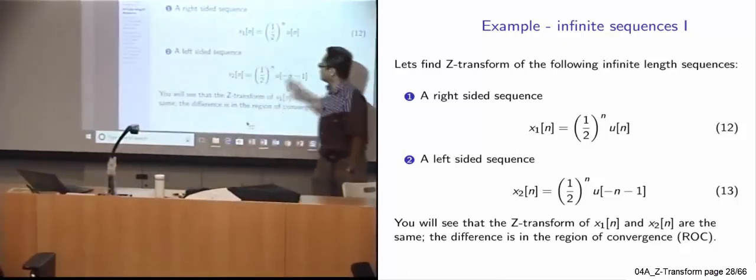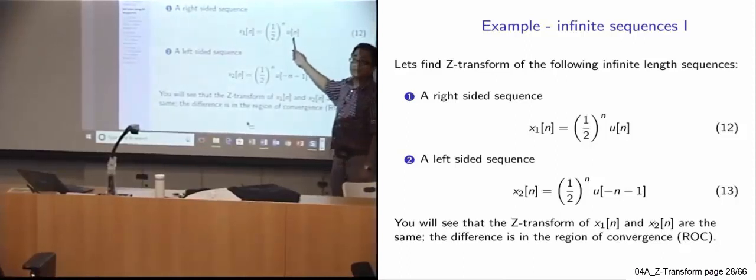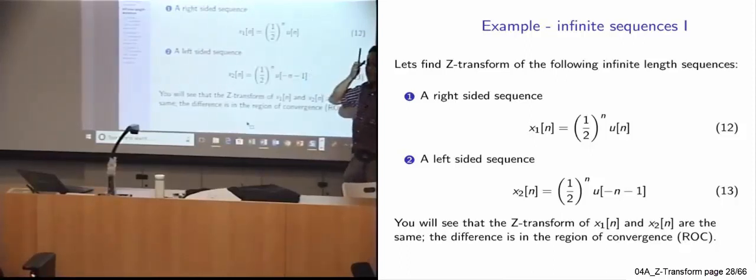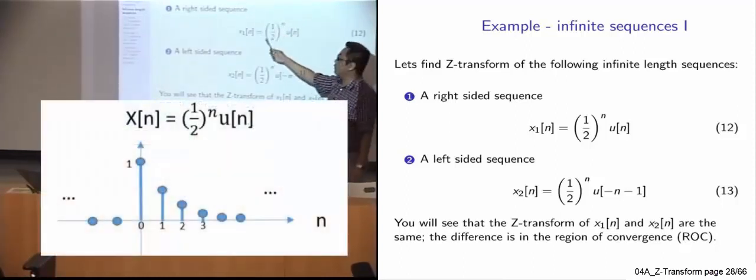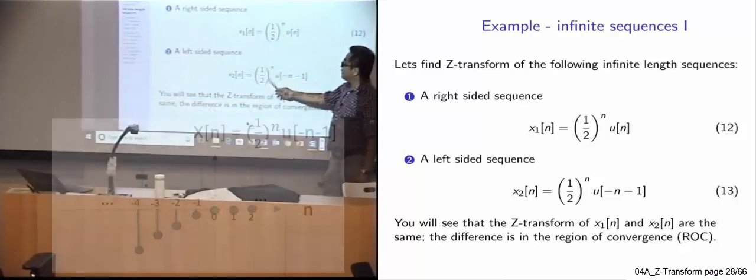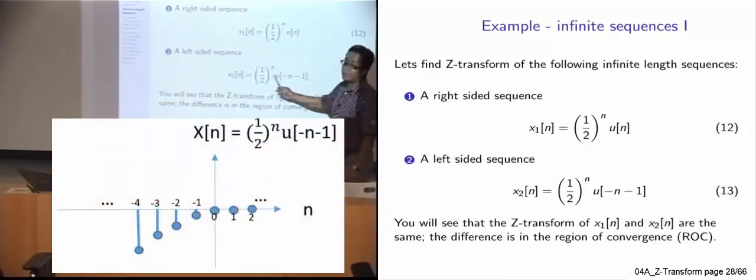And this is the problem we're always solving, this guy versus this guy. This guy is what kind of sequence? Finite length or infinite length? Infinite length, because this guy goes to infinity. Right-hand side or left-hand side? Right-hand side, so it's causal. The other is left-hand side because it goes from minus 1 to minus infinity. Anti-causal.